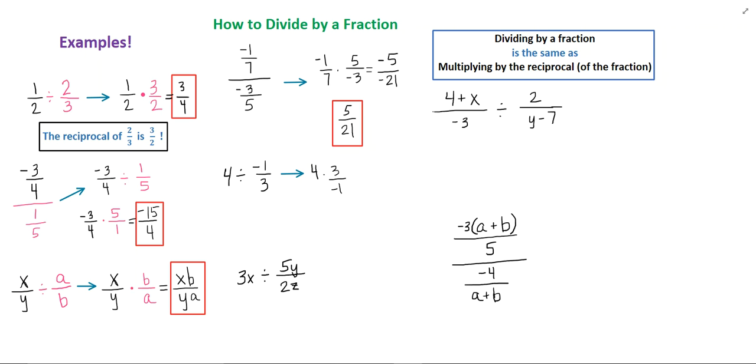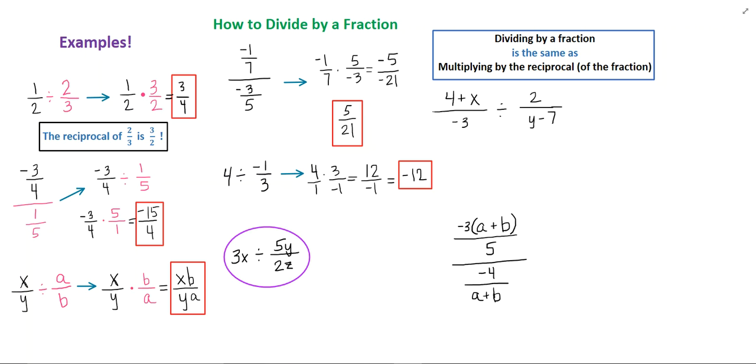And anytime we multiply a whole number by a fraction, we know that we can always put the whole number over a denominator of 1, and that makes it easier to multiply across. So now we can easily see that we have 12 on top and 1 times negative 1 on the bottom. And of course, 12 divided by negative 1, we know is negative 12.